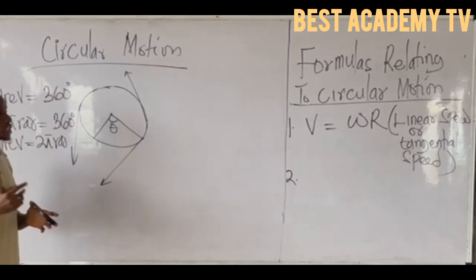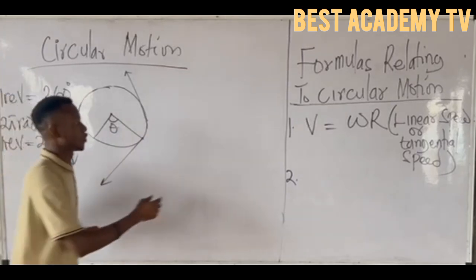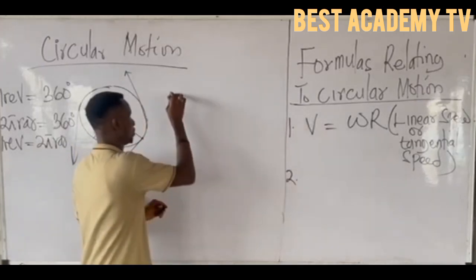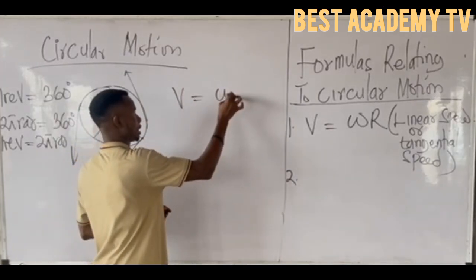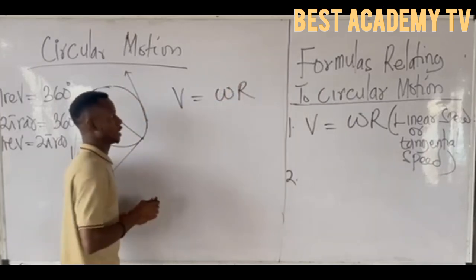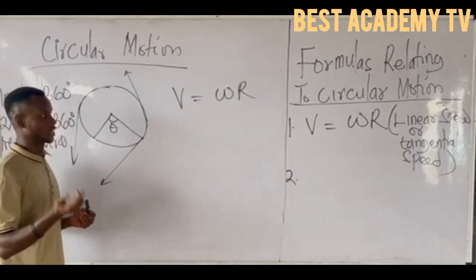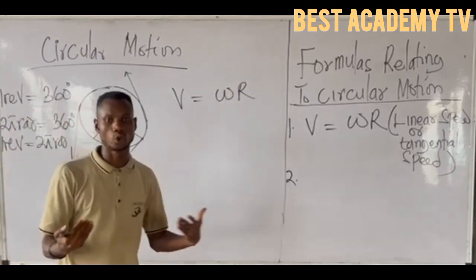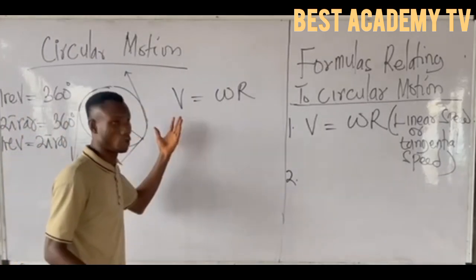Alright, now let's consider the next formula here in terms of circular motion. What's the next formula here? If from this first formula I can get second, please take it. If I have V equal to omega r like this, what will I do here to get acceleration here? If I have velocity, what am I going to do here to get acceleration? I'll divide by time.